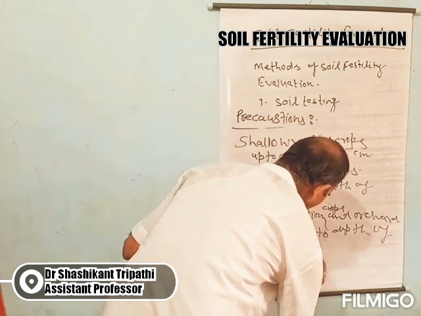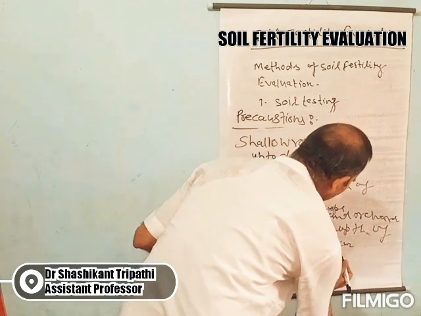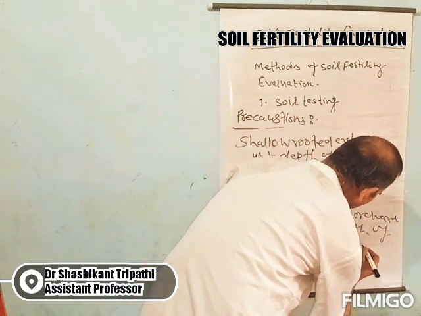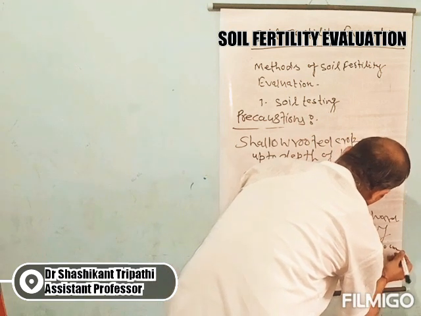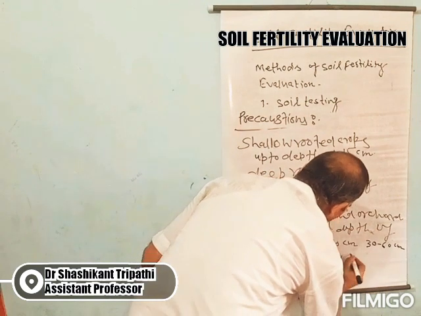It can be done in 3 samplings: from 0 to 30 centimeter, 30 to 60 centimeter, and 60 to 90 centimeter.